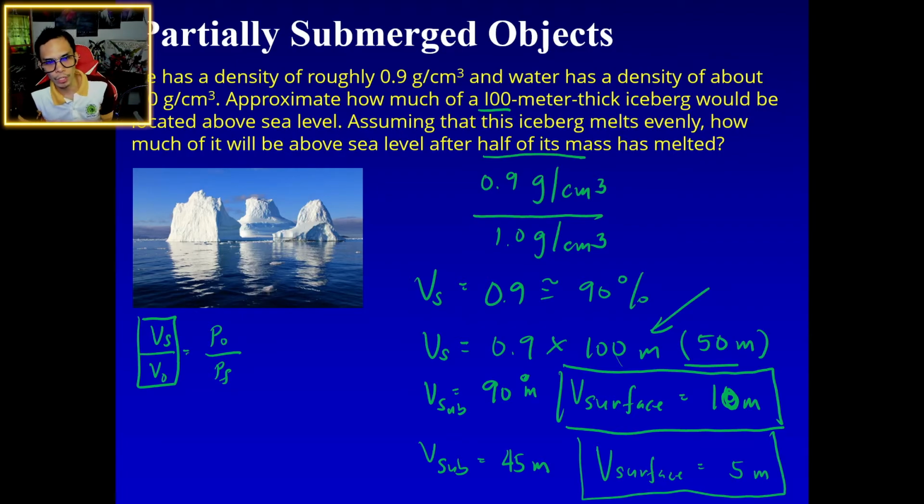Now my question to you is, can we use the iceberg as an analogy for isostasy? Let me know in the comment section of this video if we can use the iceberg as an analogy to understand how isostasy works.